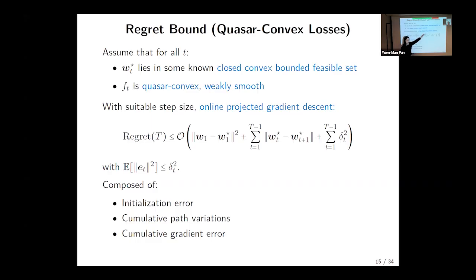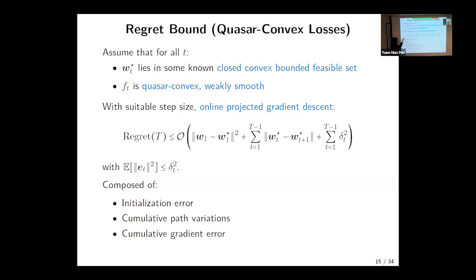I didn't define what weakly smooth is, but basically it's a relaxation of smoothness, or in other words, a relaxation of Lipschitz gradients. Then with suitable step size, the online projected gradient descent yields a regret upper bounded by the initialization error, the path variation, and the cumulative gradient variance.